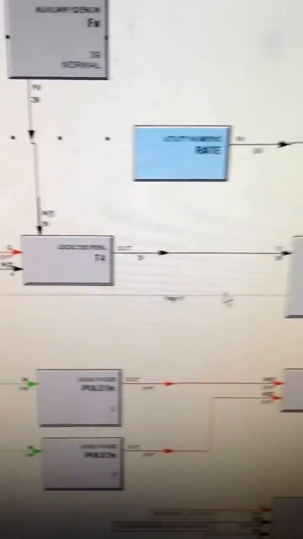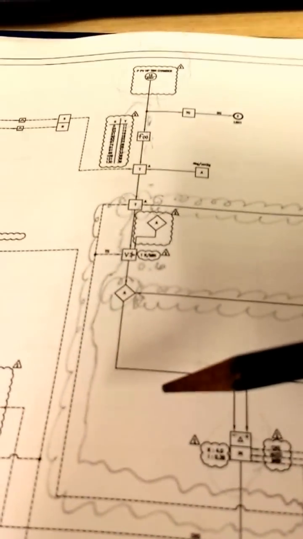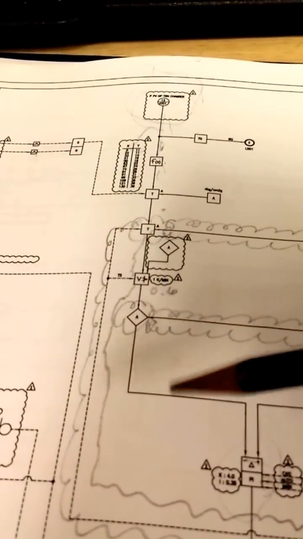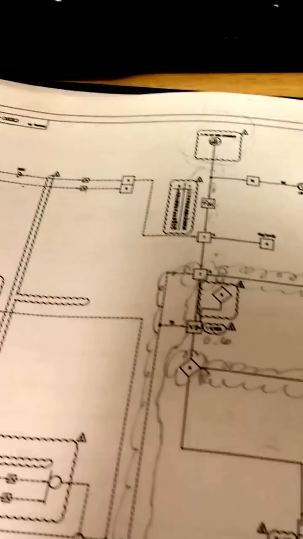Okay, so ramping, we can see it in here also. Every block in here we can see it as another symbol. Now ramping, we can call it a velocity limiter, because it is 0.6 per minute. That means a rate.